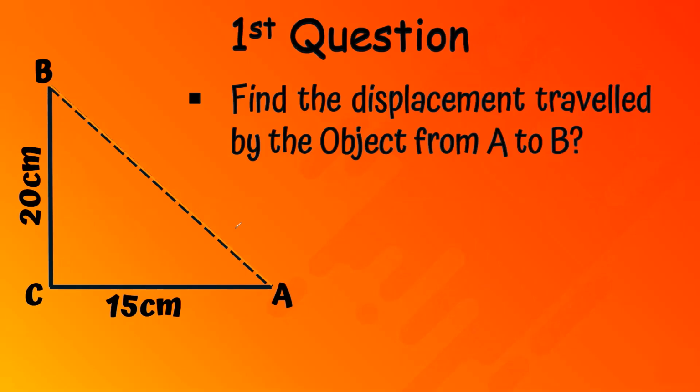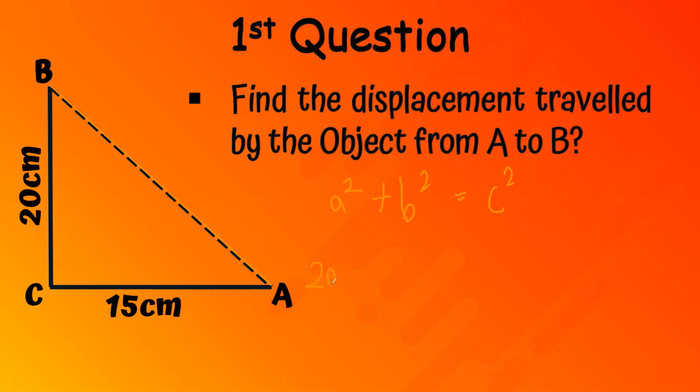We need to apply the Pythagorean relation here, a squared plus b squared equals c squared, to find the length of line AB.